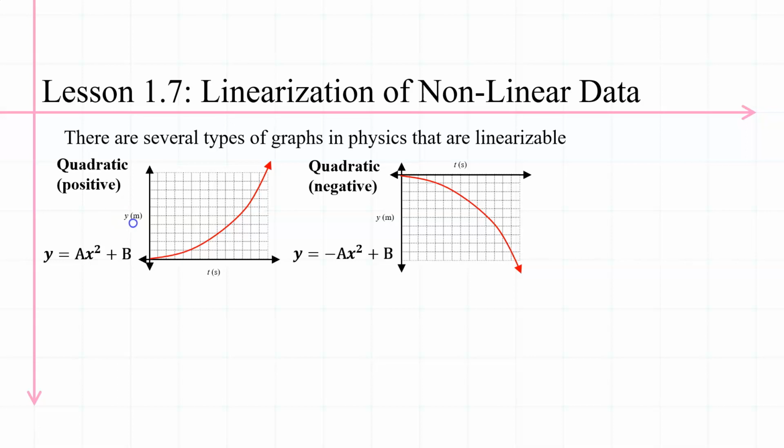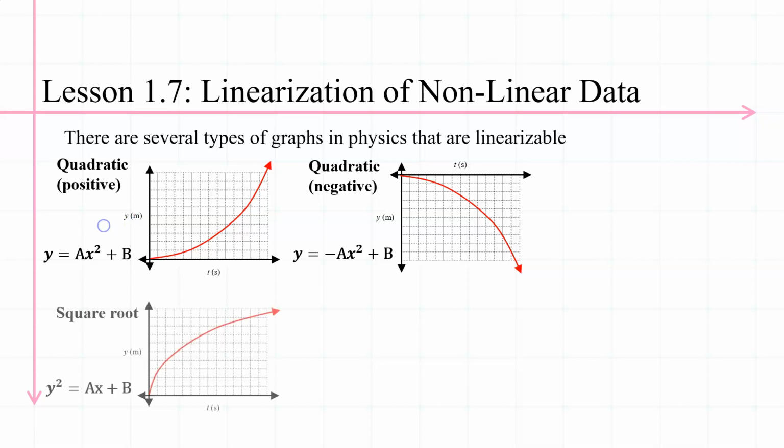Another type of relationship that can be linearized is a square root relationship with a graph that looks like this. Notice that in my equation, the square root has to be calculated by taking the square root of both sides. You'll either see this as a square root value on your independent variable or having a squared dependent variable as I have here.